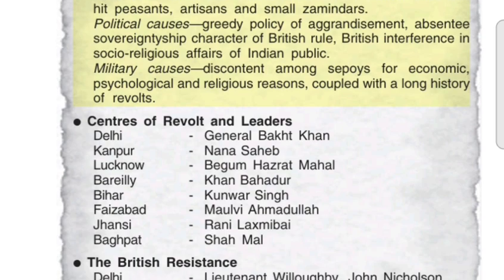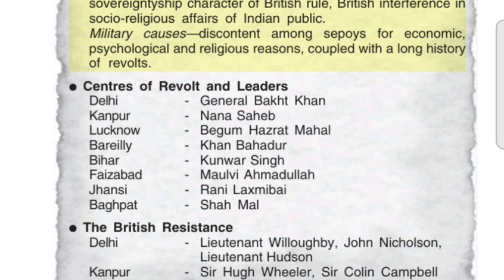Political causes: greedy policy of aggrandizement, absentee sovereignty character of British rule, British interference in socio-religious affairs of Indian public. Military causes: discontent among sepoys for economic, psychological and religious reasons, coupled with a long history of revolts.